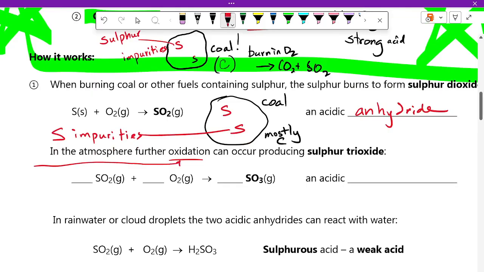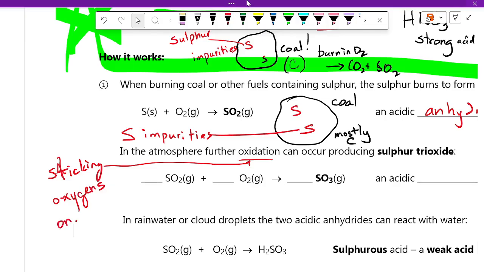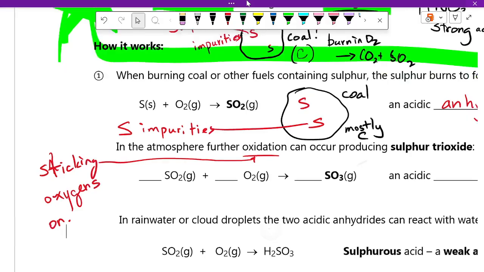We'll learn another one soon. Sticking oxygens on, producing sulfur trioxide. Okay, could we balance this, please?